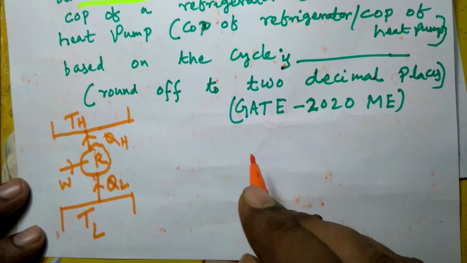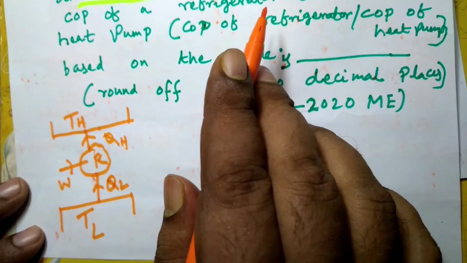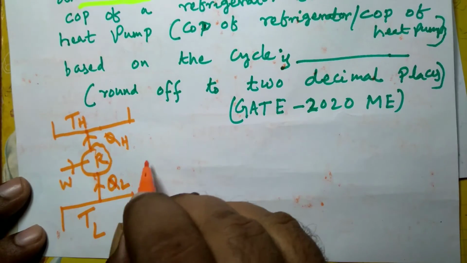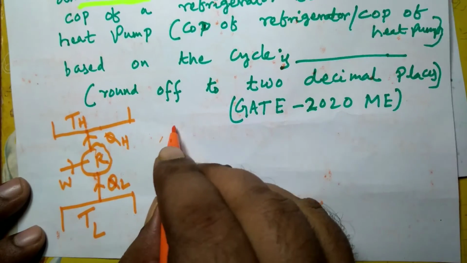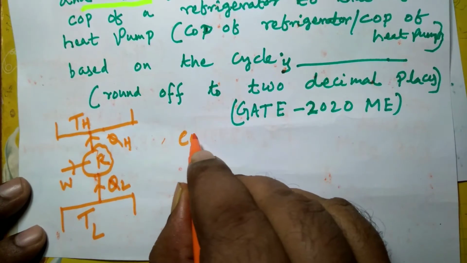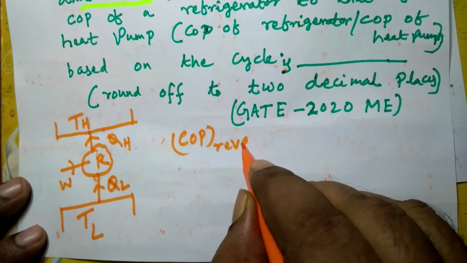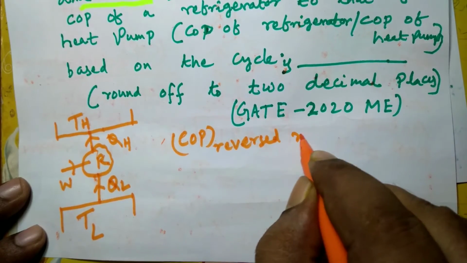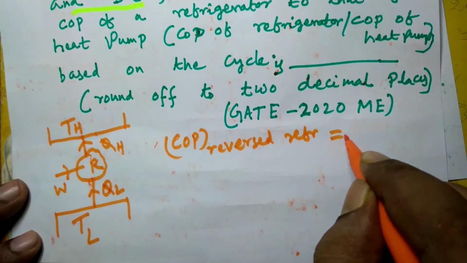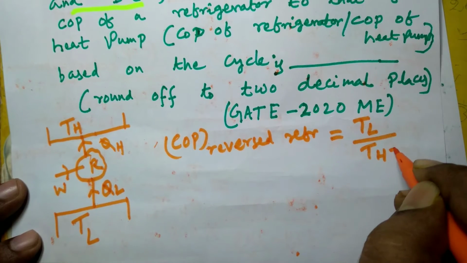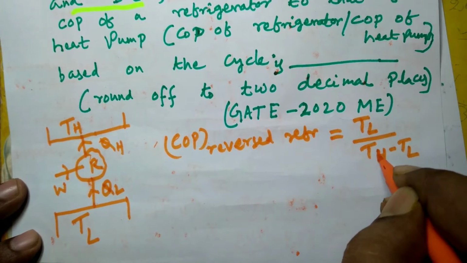You know, COP of a refrigerator working on the reversed Carnot cycle will be TL divided by TH minus TL. That we know.